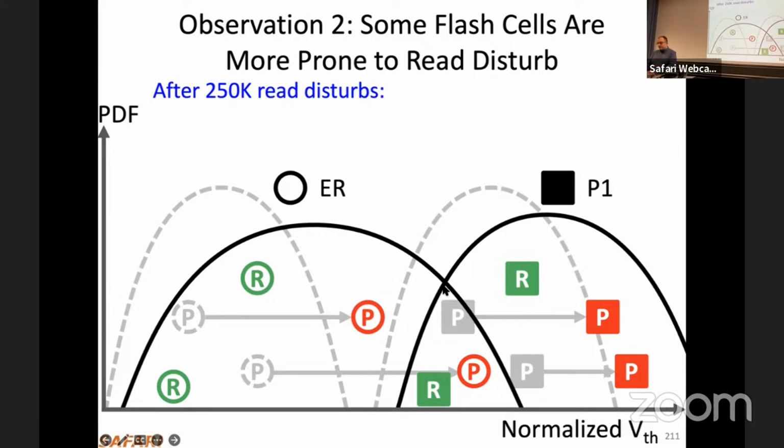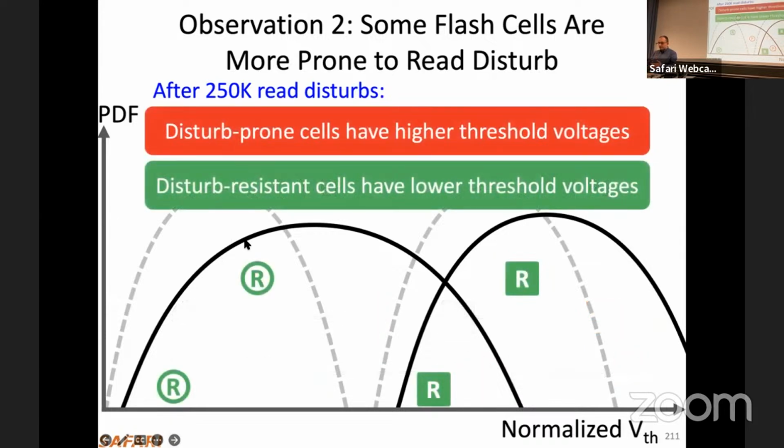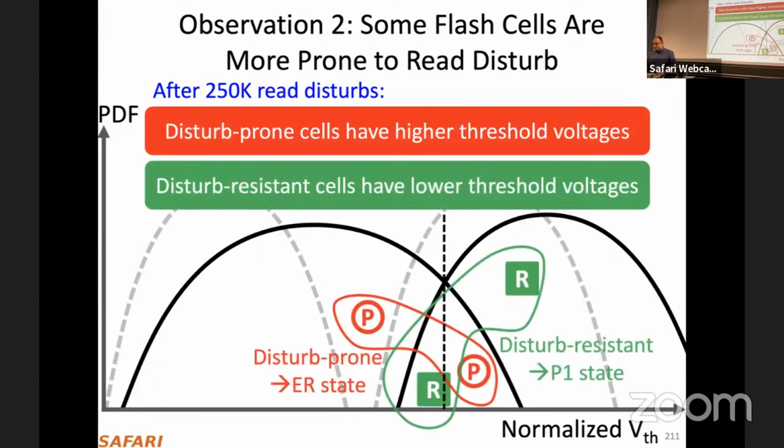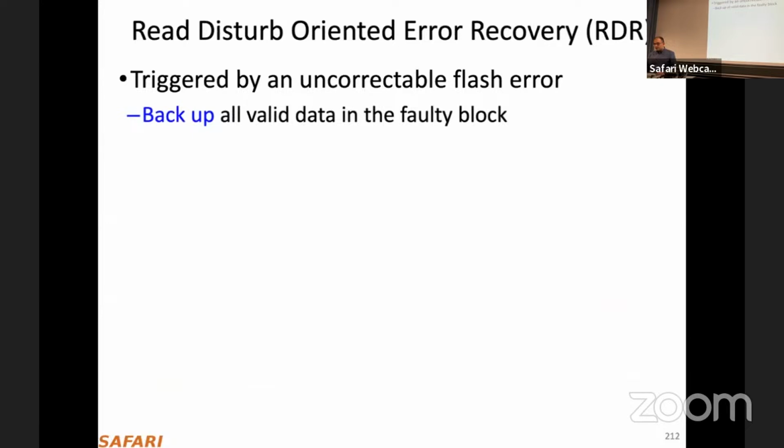So that's the idea. If you want to fix all these errors, you should understand the difference between prone and resistant cells, and then try to tune your reference voltage based on that. This mechanism is quite costly, and that's why we trigger it by an uncorrectable flash error.